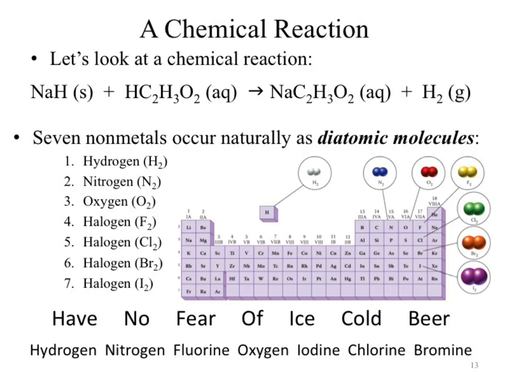Does it work perfectly? No. It gets you pretty close. For instance, the symbol for chlorine is not CO, it's Cl. Okay? But it gets us at least within a ballpark that if we see one of these elements, hopefully we remember that goofy little name and know that, oh, that's got to be diatomic.